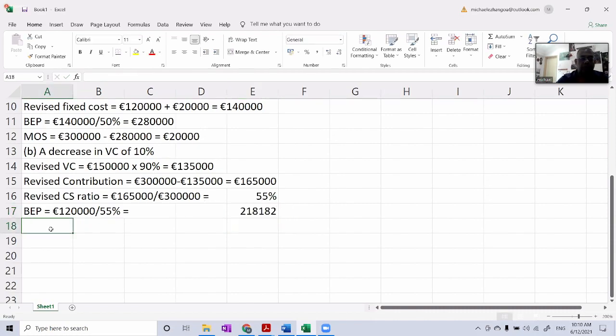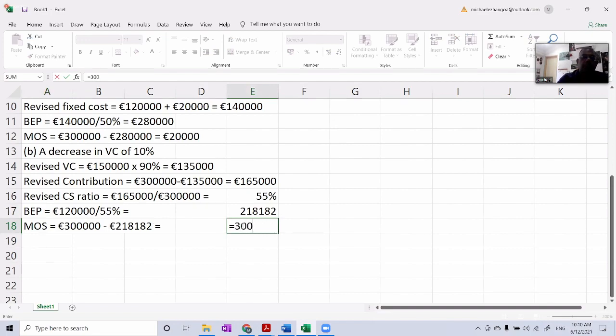So your margin of safety increases: 300,000 minus 218,182 gives 81,818. That's B. Next is C.